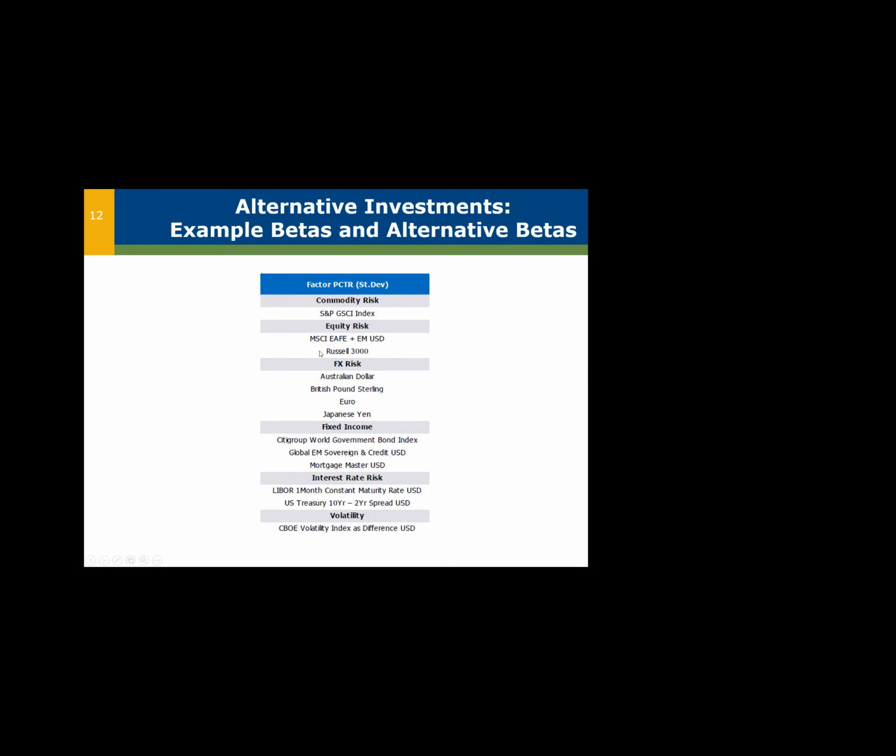I'm pretty sure the Russell 2000 is small cap. The Russell 1000 is the 1000 largest. So this is probably the entire market. Yeah, FX, fixed income. So they have mortgages, emerging market credit, various rates, volatility. So just to give you a flavor, there's a whole menu of these risk premia.